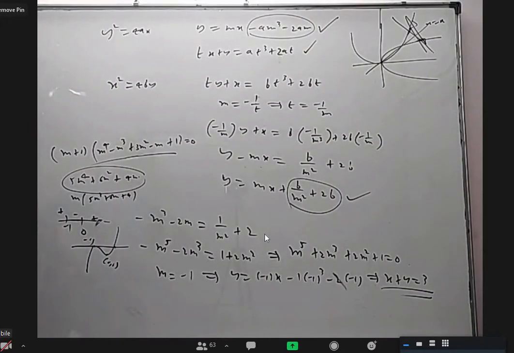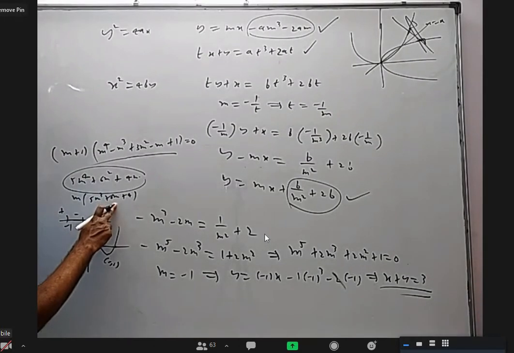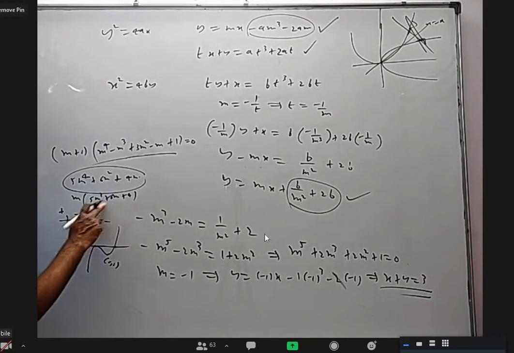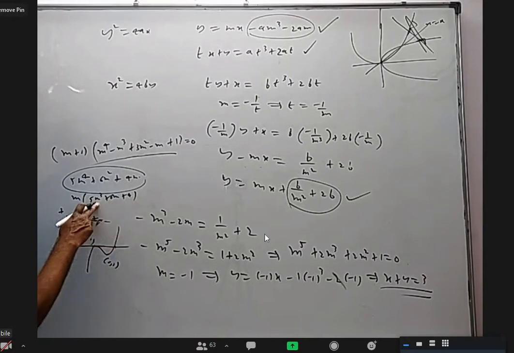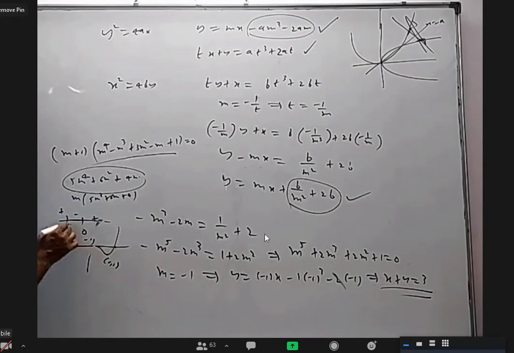Is the derivative 0 at -1? No. Some negative number, may not be -1. If I put 0, it is positive. If I put -1, it is negative. So it has some other root in it. So minus alpha.